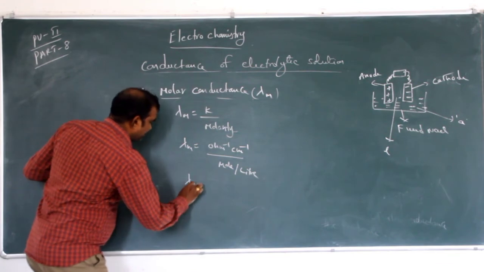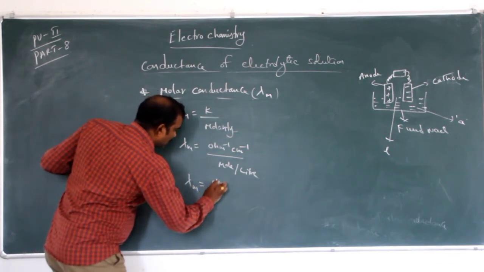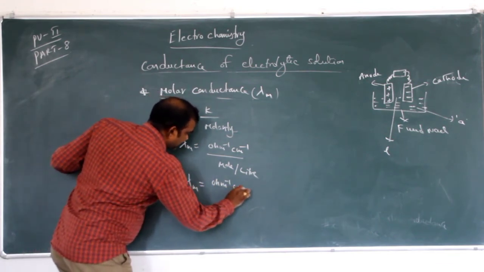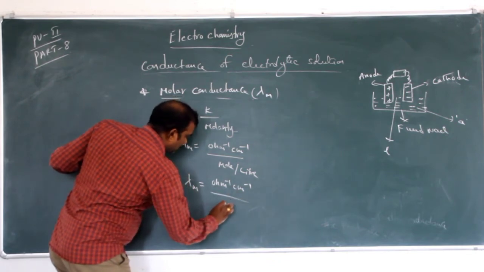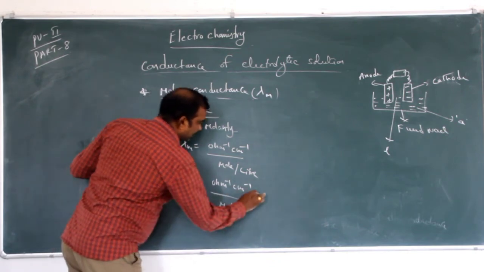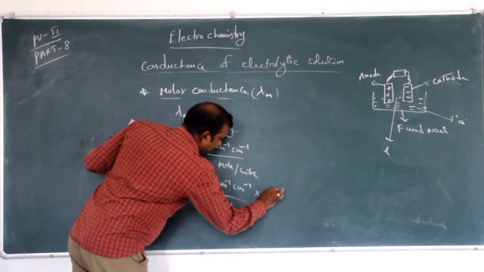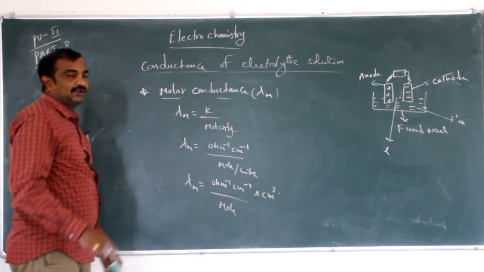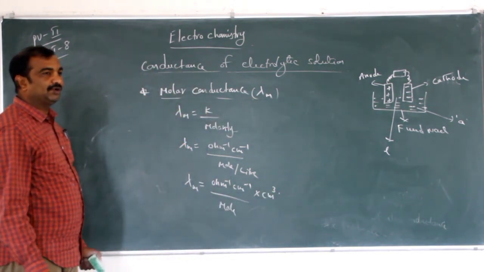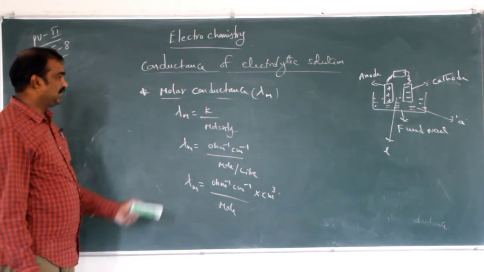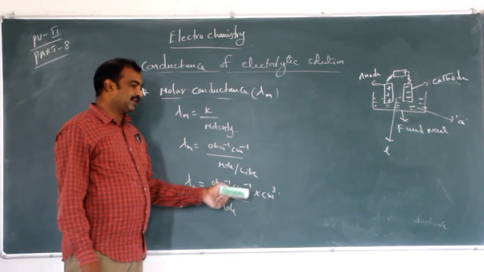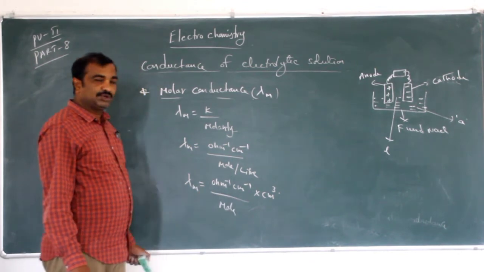So lambda m is equal to ohm inverse centimeter inverse mole per liter. Liter means 1000 centimeter cube. We are not taking the numerical number here because here we are writing units.